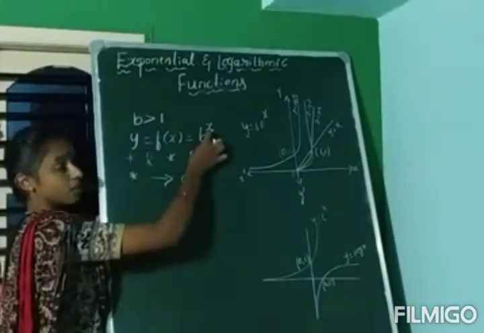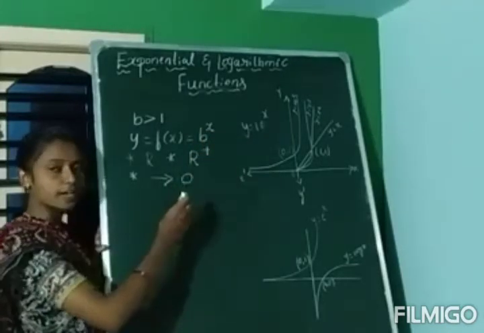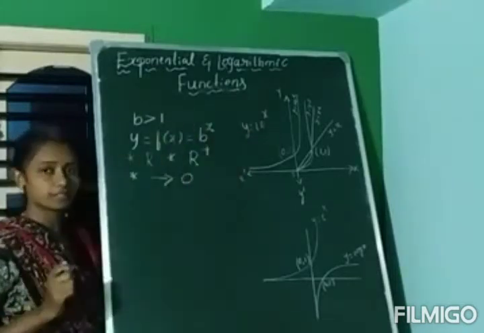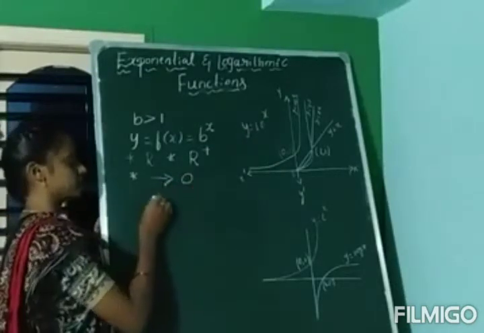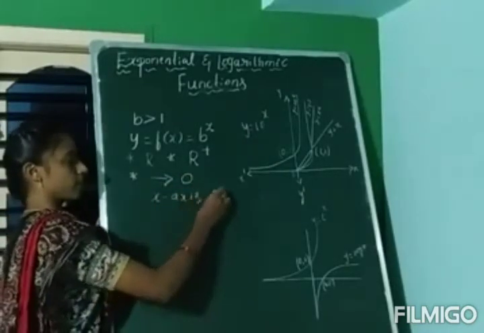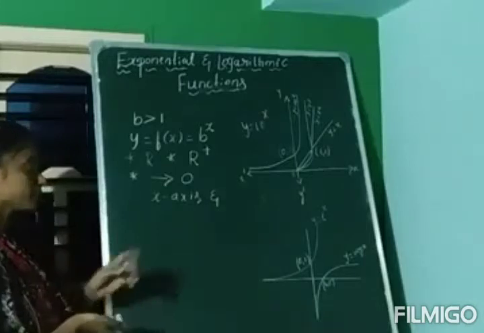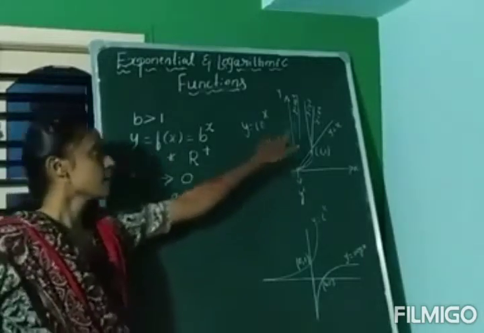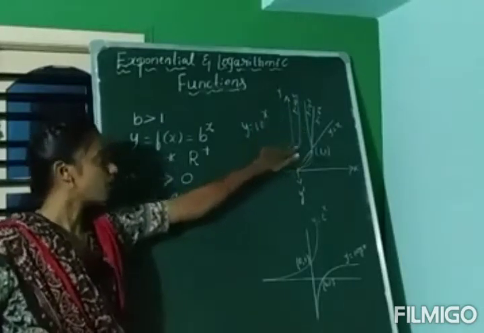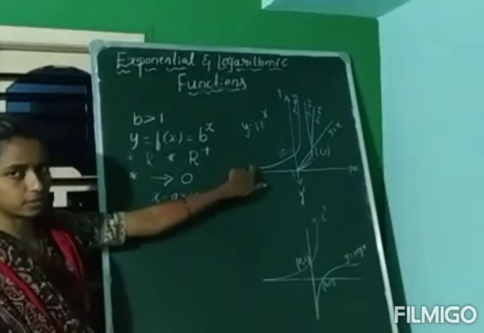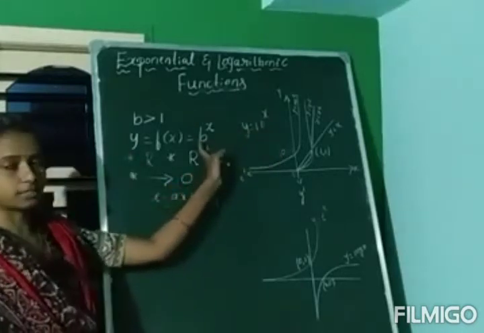Particularly in the second quadrant, the graph approaches the x-axis, but it never meets it, which is close to 0. So in the second quadrant, the graph of this exponential function approaches the x-axis, but it never meets it. So this is what an exponential function looks like when you consider the base as 10.